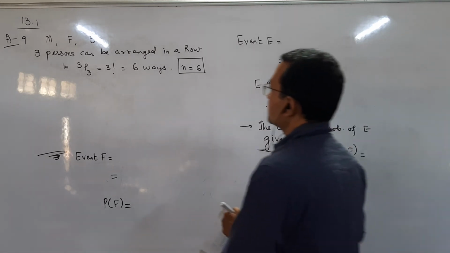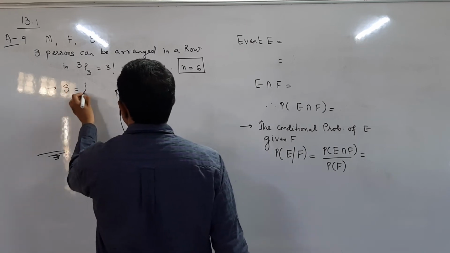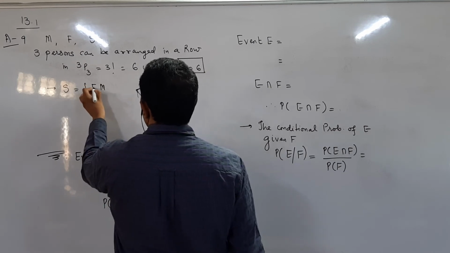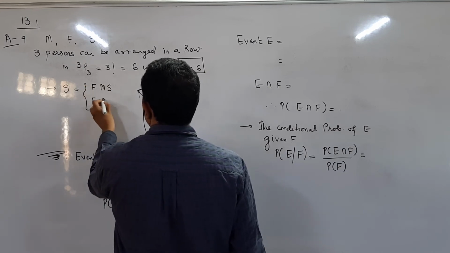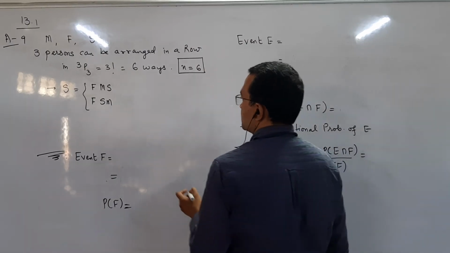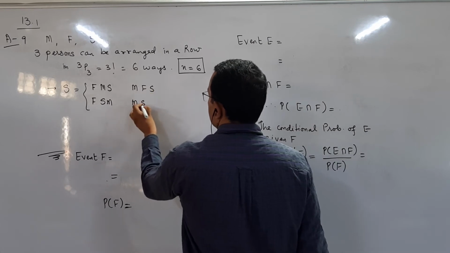Let us write these 6 possible arrangements. This is our S. Say father is first. Then comes mother and son, or son and mother. These are the 2 arrangements where Mr. Father is first. Mother is first, then father and son, and son and father.